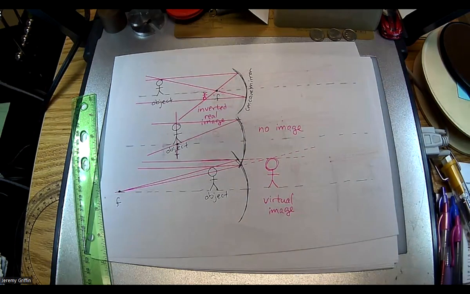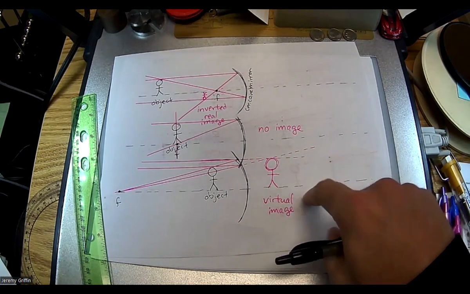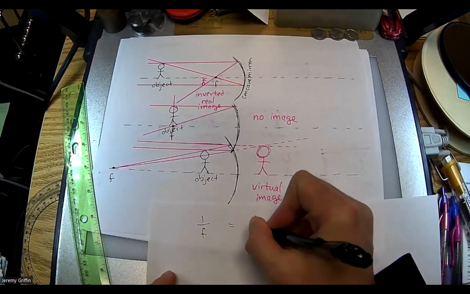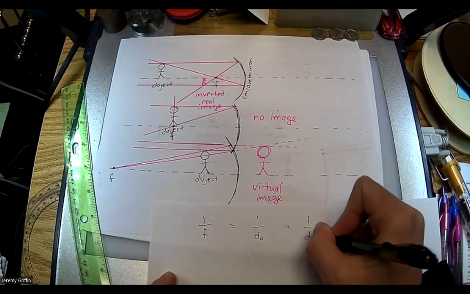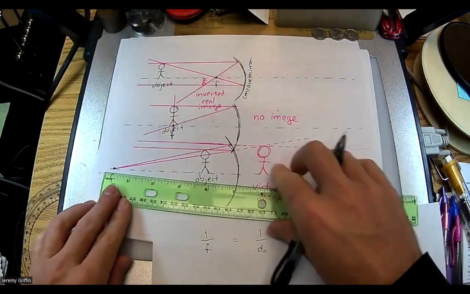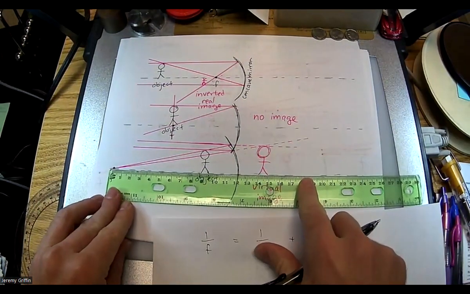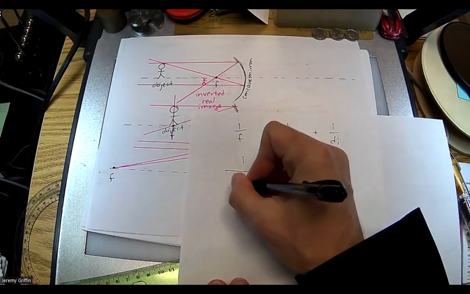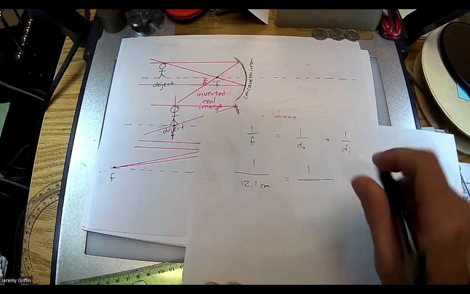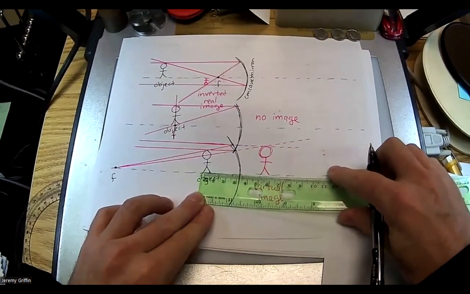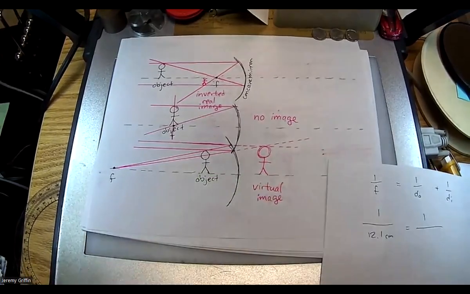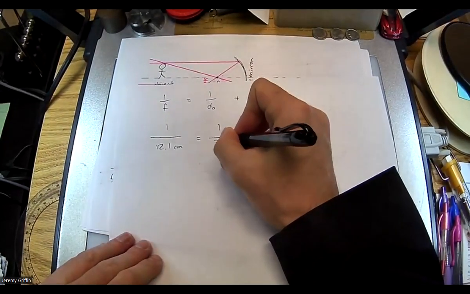Okay. Now let's do the math on these last two. So right, do the math on this one. So I'll do that one first. 1 over f is 1 over d_o plus 1 over d_i. Right. Now this focal length is 12.1 centimeters. I've got, because 1 over 12.1 centimeters equals 1 over, my object is about 3.2 centimeters.